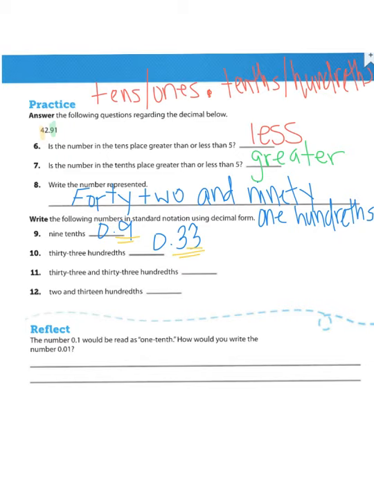Now, if we look at number 11, 33 and 33 hundredths, when you see the word and in there, that means that you're going to have numbers before your decimal point. So 33, and then it reads 33 and, so there goes my decimal point, 33 hundredths. So 33 and 33 hundredths would look like that.